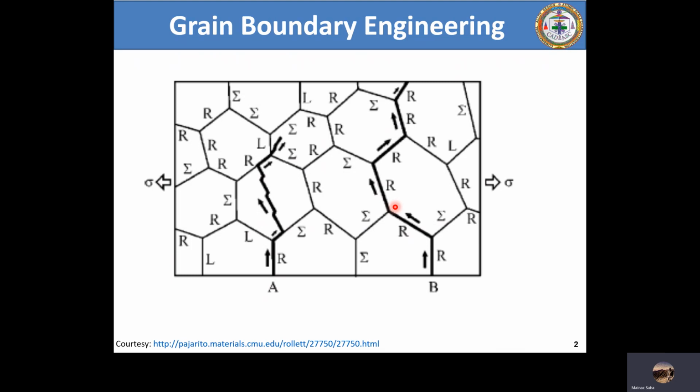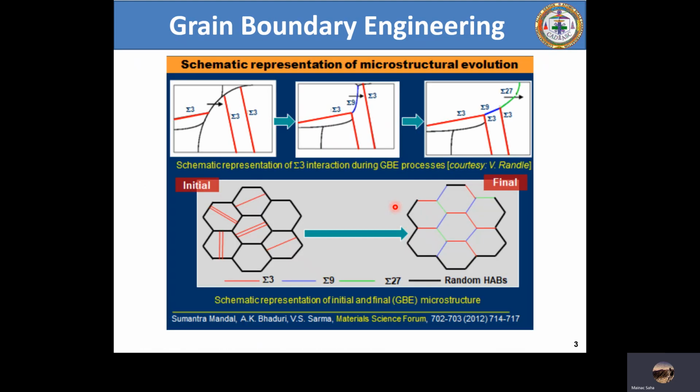This is a very good illustration from one of the earlier publications in this field, by Sumantra Mandal. If you look at this microstructure, the black colored line is a random angle boundary and the red colored line is a sigma 3 boundary, a twin boundary.